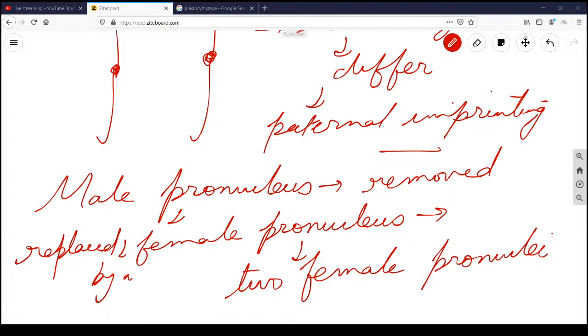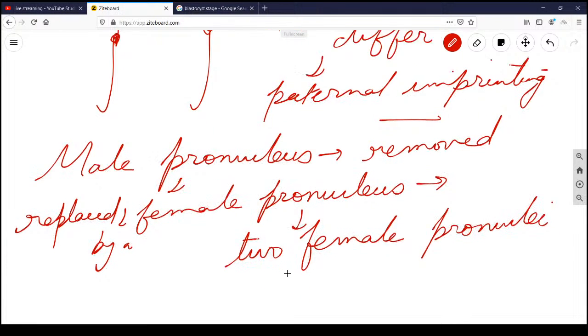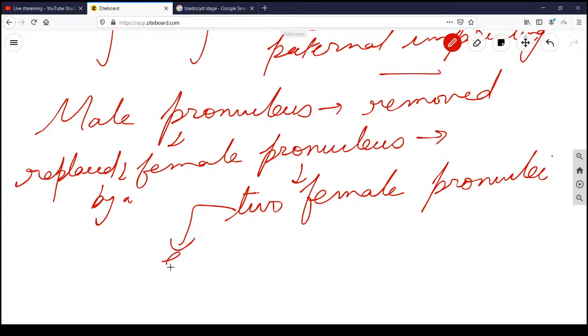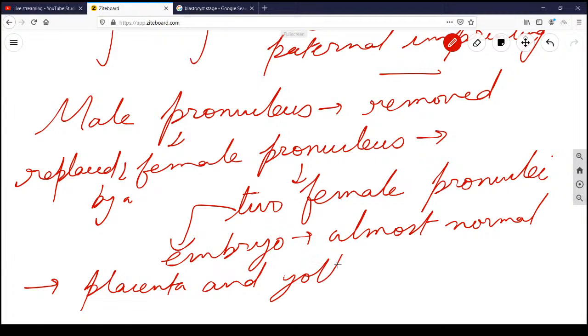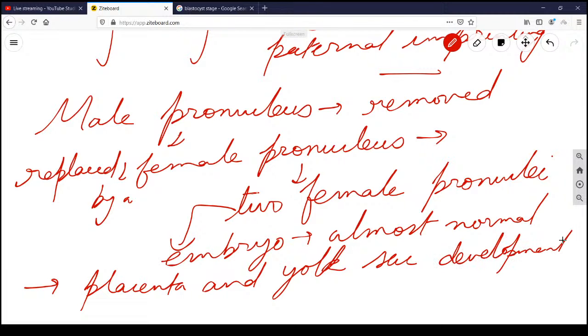Okay, here in this case, with the two female pronuclei, the development of the embryo is almost normal, but placenta and yolk sac development is quite poor, so you cannot sustain the pregnancy.